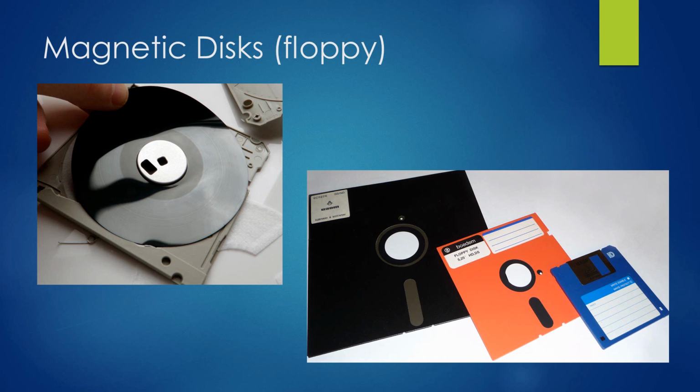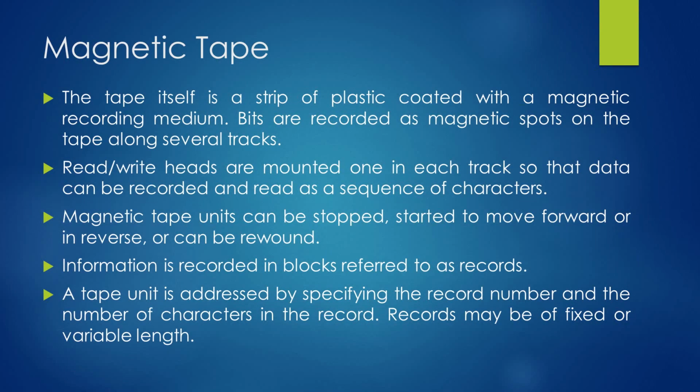Now let's see what you mean by magnetic tape. The tape itself is a strip of plastic coated with magnetic recording medium. See, in everything we discussed till now, the one common thing that we have is magnetic.